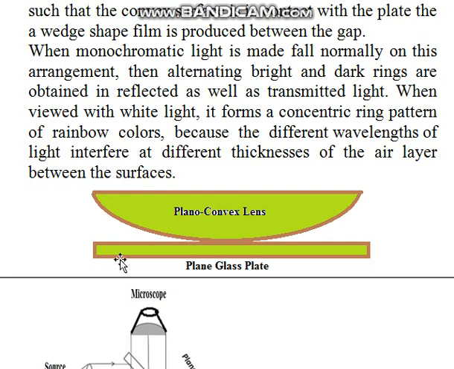So let's see here. This is the plane glass plate, and this is the plano-convex lens, and we place the plano-convex lens on the plane glass plate in such a way that the convex surface of the lens is in contact with the plane glass plate.